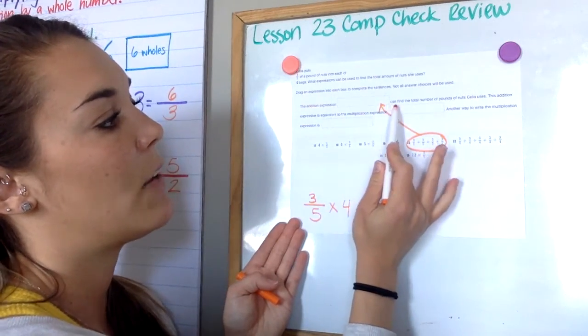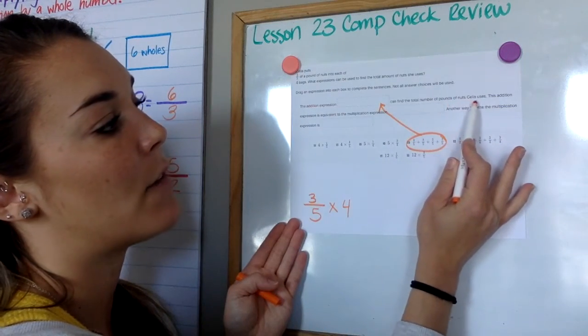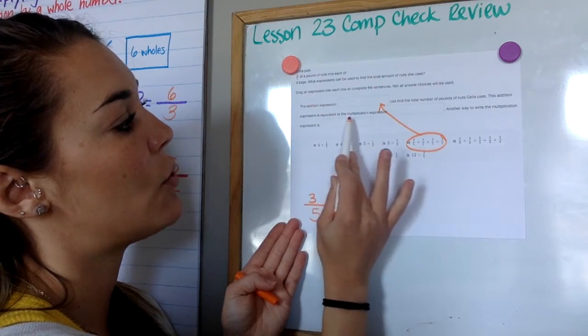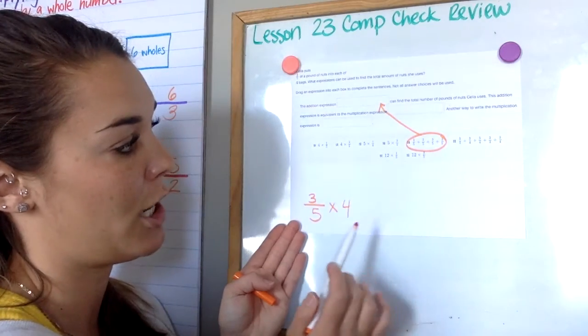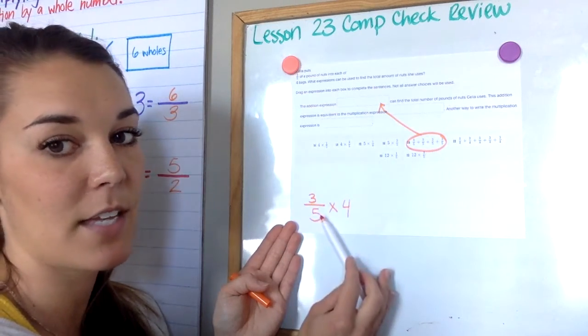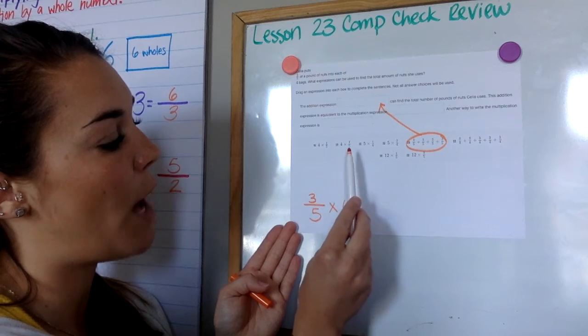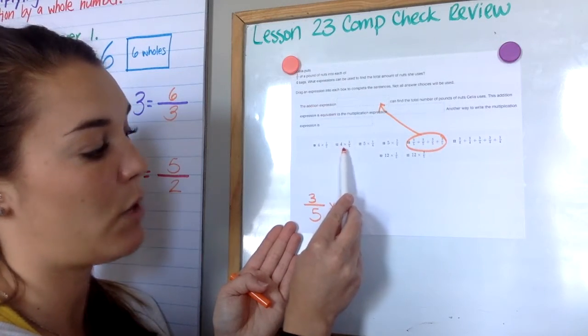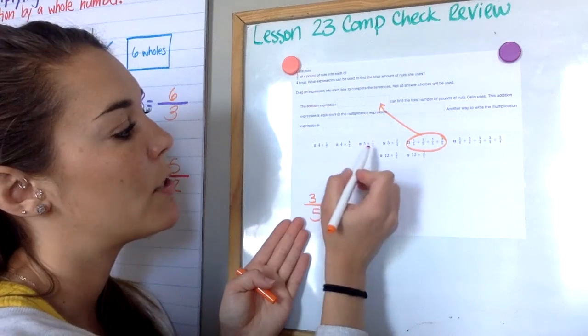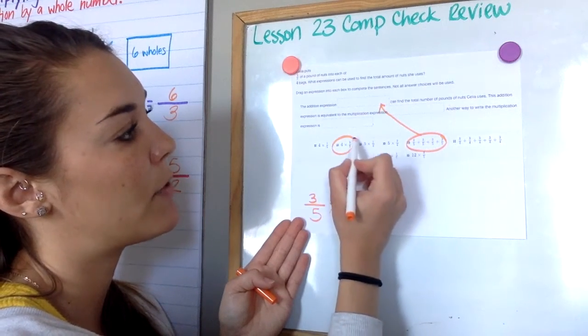Then it says, can find the total number of pounds of nuts Celia uses. This addition expression is equivalent to the multiplication expression. Okay, I know my multiplication expression is supposed to be something like this. They flip-flopped it and they have 4 times 3/5, but I know I can flip-flop numbers in a multiplication problem. So it's going to be 4 times 3/5, which is going to go here.